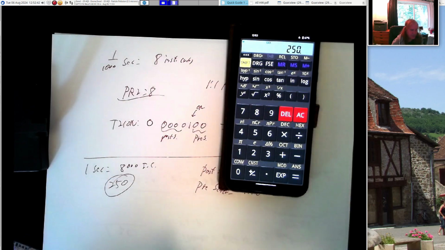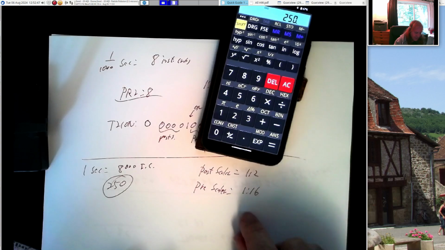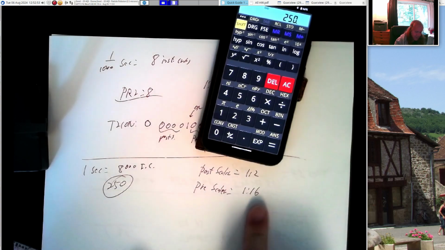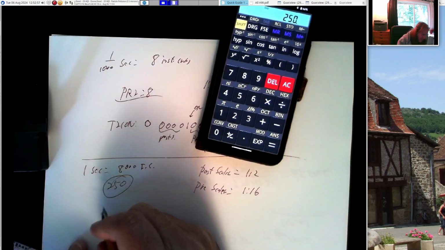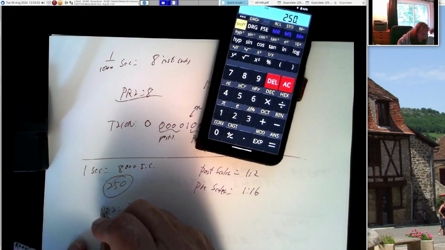So we want to overflow after 250 increments. And remember, every 32 instruction cycles will make 1 increment. So 250 increments will correspond to 250 times 32, or 8,000 instruction cycles. So we set the PR2 register to be 250 decimal.